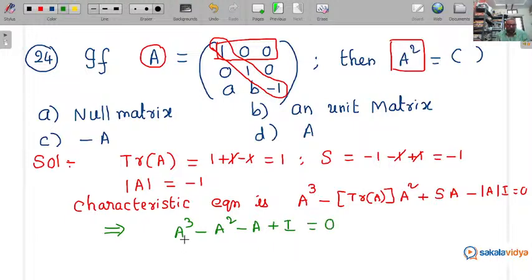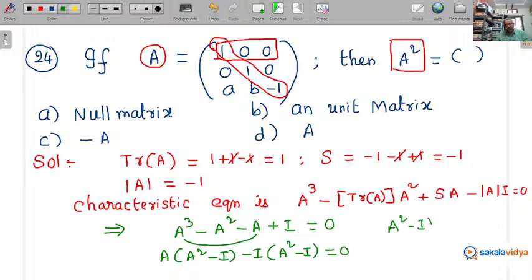So from these two, let us take out A common. If you take A common, A square minus I. Here minus I common, you will get here A square minus I is equal to 0. So A square minus I into A minus I equals to 0.